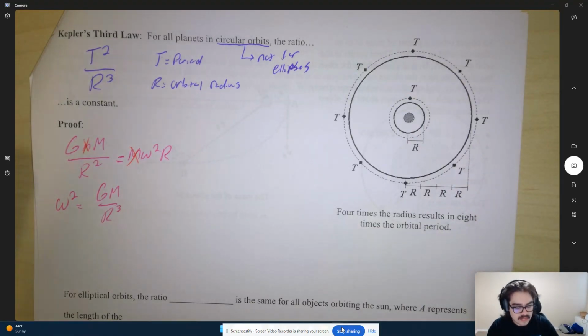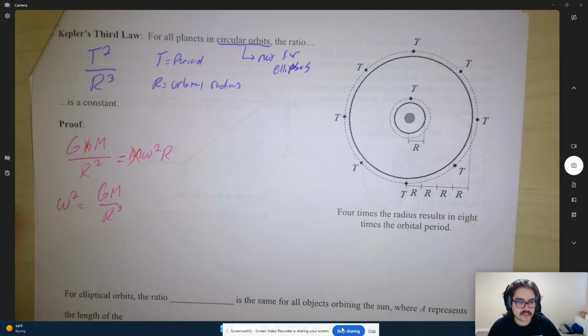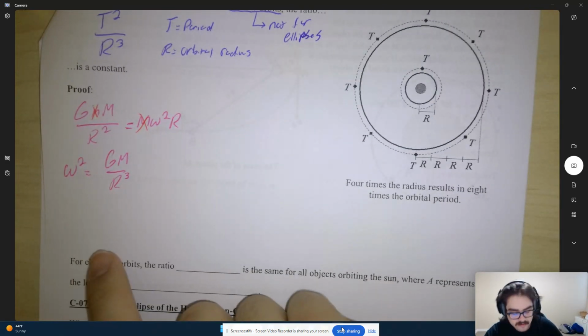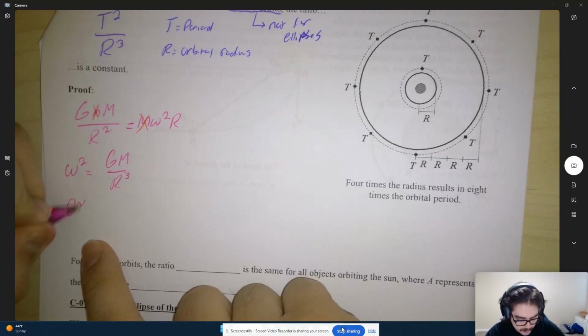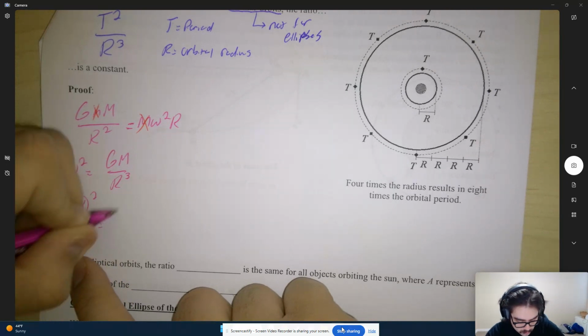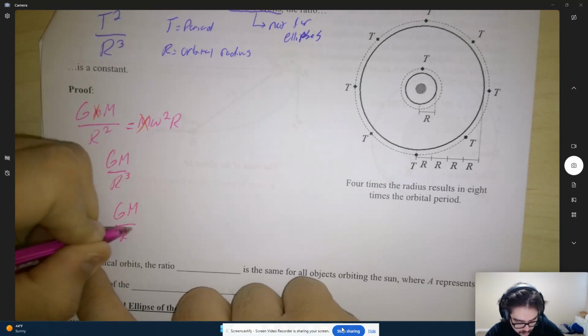I can then substitute the omega here for 2 pi over T. It is going to be squared, which is fine, I don't have to root it here. So this is going to be 2 pi squared over T squared equals G big M over r cubed.